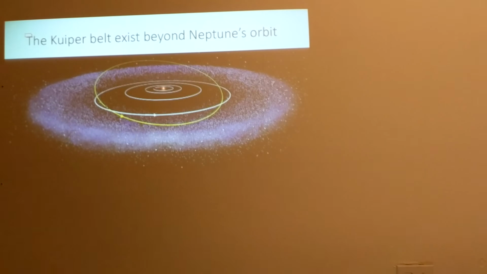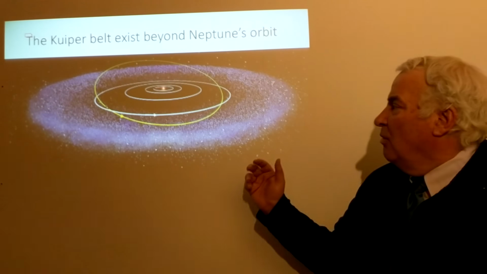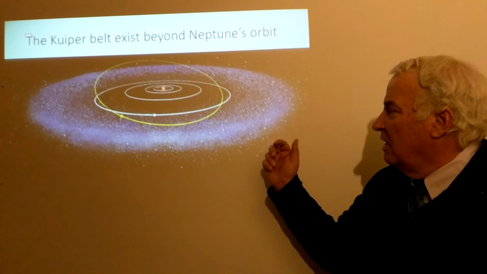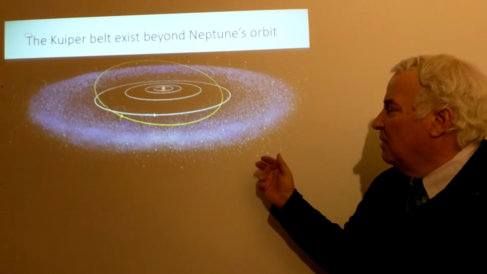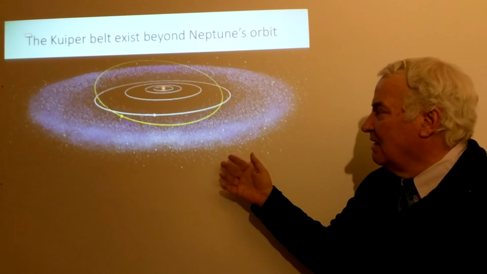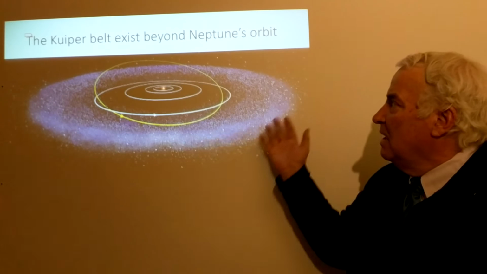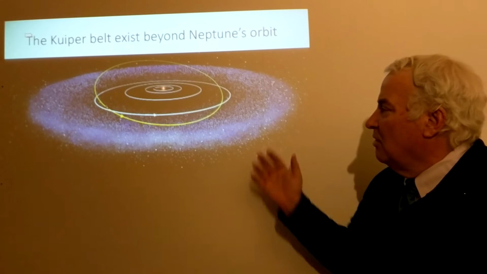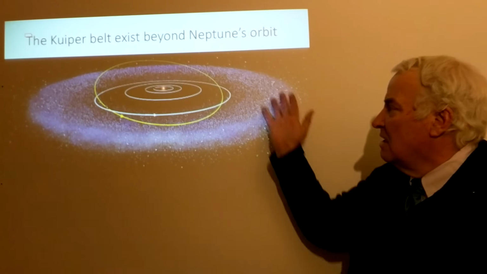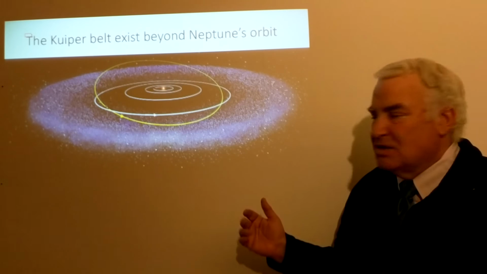Now, the same thing in more modern times was found starting with the discovery of Pluto in 1930, and other objects began to be discovered, especially in the 1990s and then the 2000s, and now we know of many Kuiper belt objects, not this many, but many, that are in a belt-like structure like asteroids.